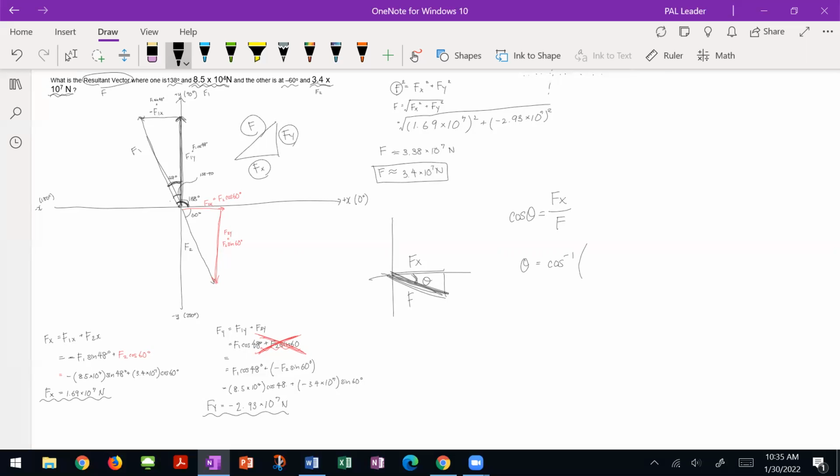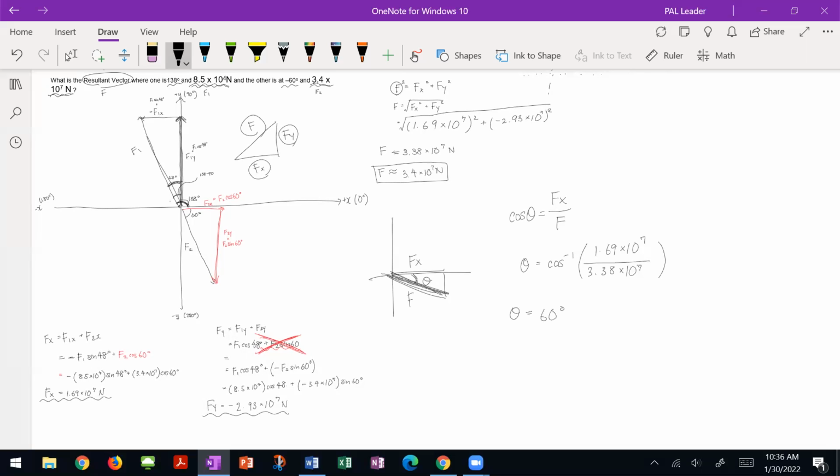It's really easy. Fx was 1.69 times 10 to the power of 7 over F, which we found was 3.38 times 10 to the power of 7. I'm actually going to put that in my calculator this time. Okay, so we got 60 degrees.